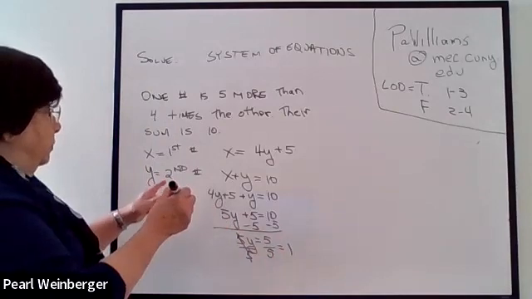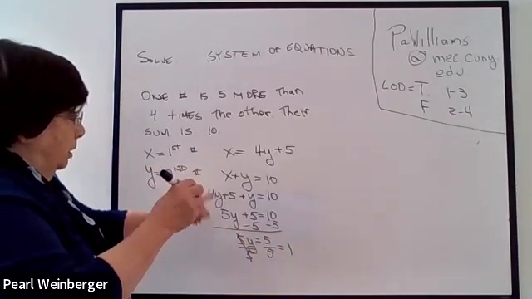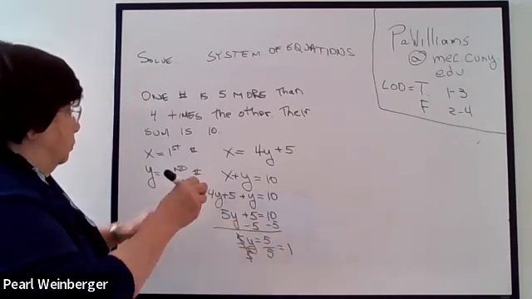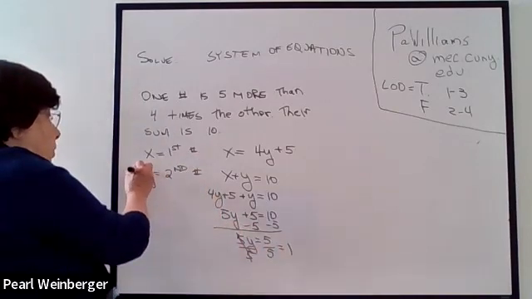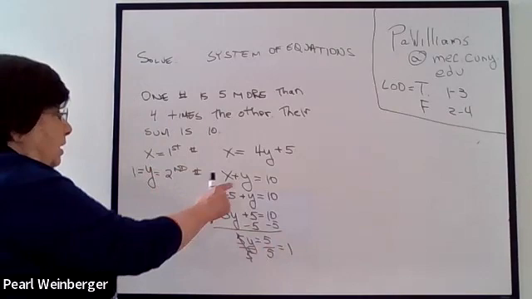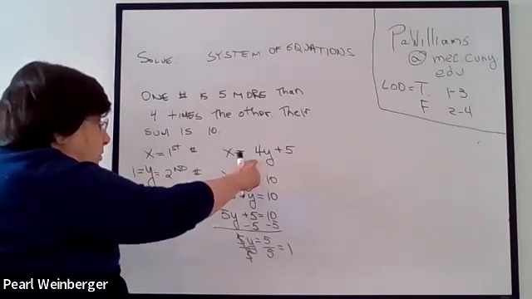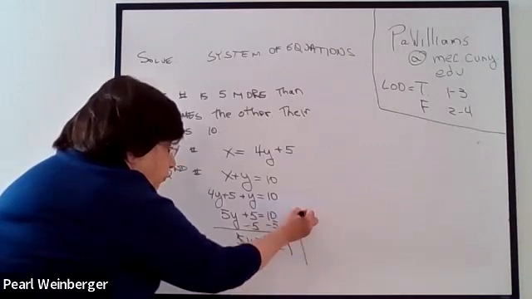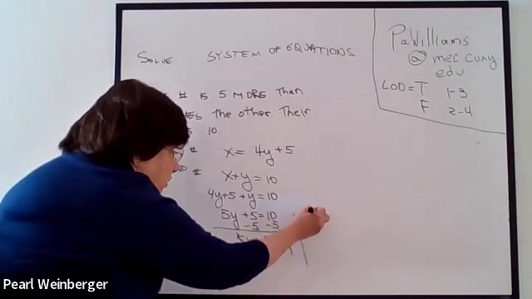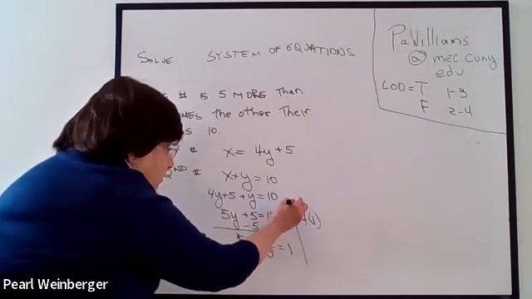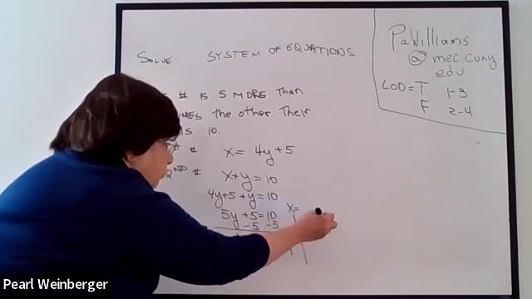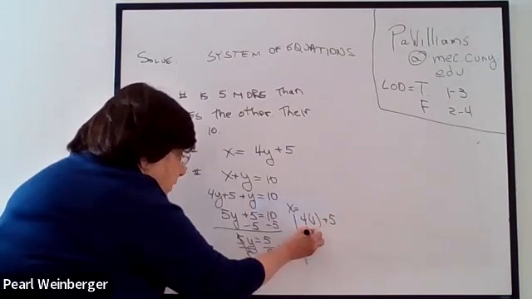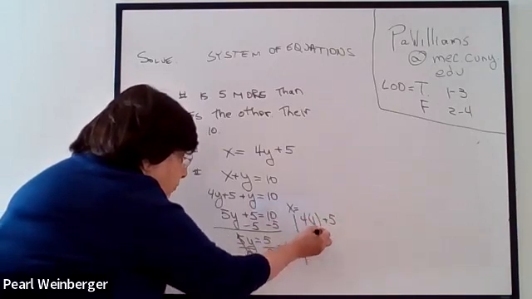So my y number, which is my second number, is equal to 1. And to find the first number, I'm going to go to this equation and do 4 times 1. x equals 4 times 1 plus 5, which gives me that x equals 4 plus 5, or 9.